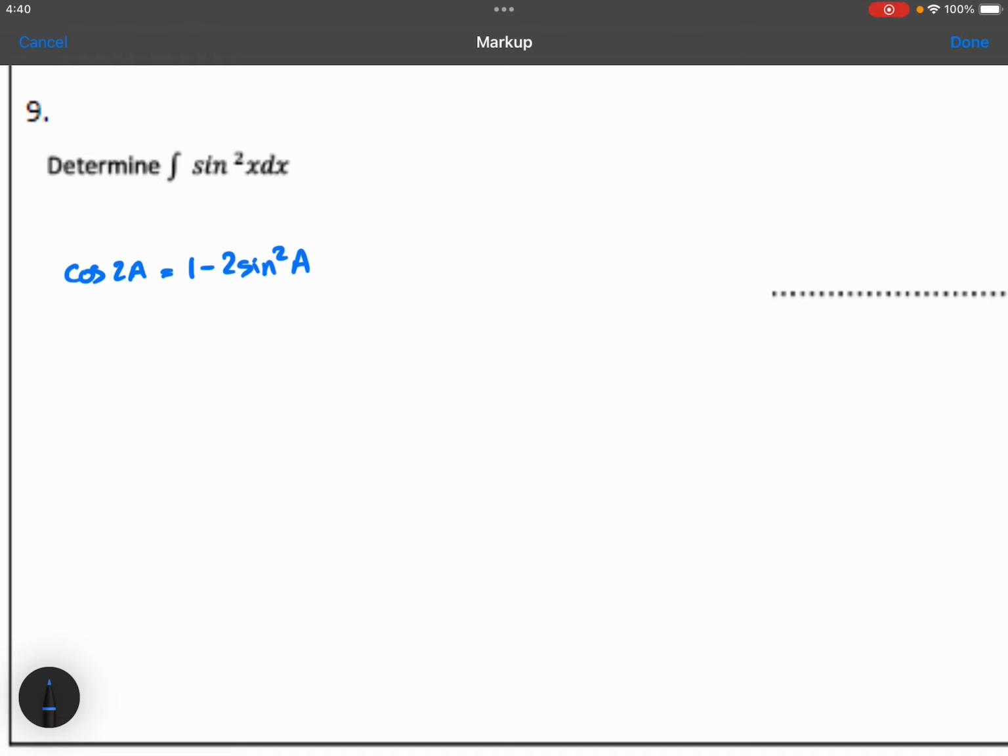I'm going to make sine squared the subject, so I'll add 2 sine squared to both sides, and I'm going to subtract the cos 2a. So just move that over there, so it's positive, move that over there. And divide both sides by 2. So sine squared is equal to 1/2 minus 1/2 cos 2a.